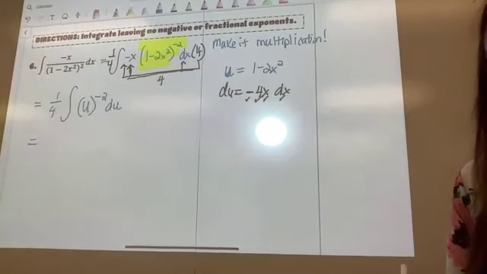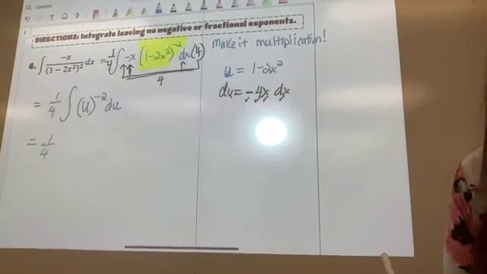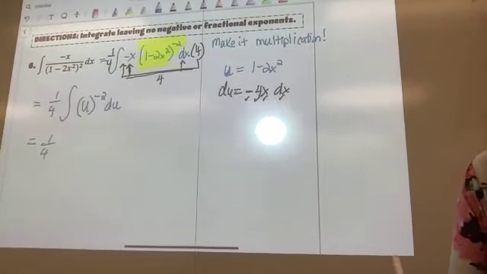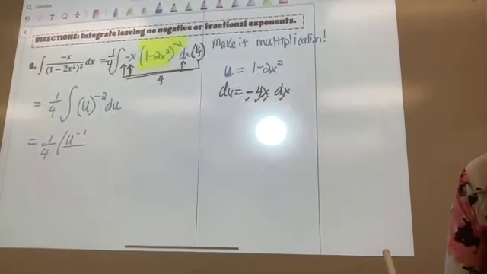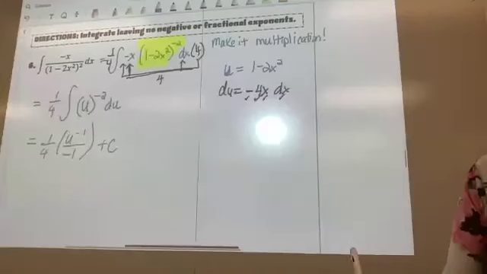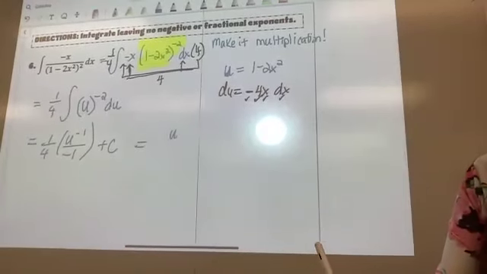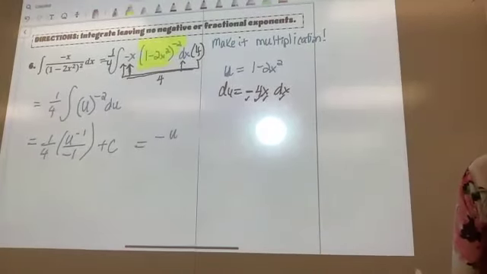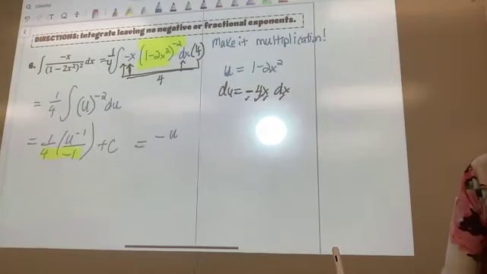Okay, so then we integrate. What's the integral of u to the negative 2? u to the negative 1 divided by negative 1. Some of you are forgetting divide by that power. Plus c. So this is 4 times negative 1 is negative 4. So I'm just going to put a negative out front.